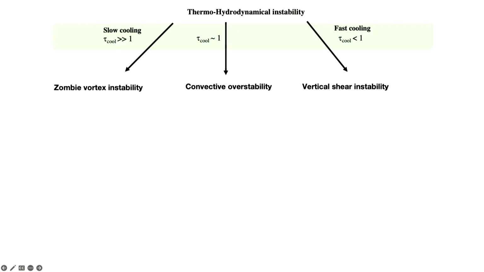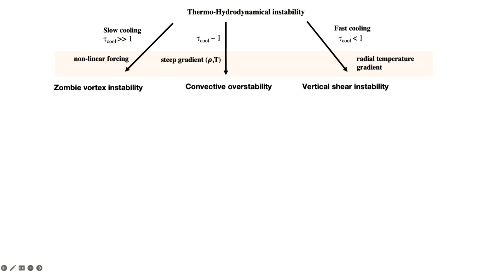Okay. The thermohydrodynamic instabilities can be divided into these different cooling regimes, where you have very slow cooling, very fast cooling, whereas this is only the primary requirements. The secondary are also listed here, whereas one can already see that it's the vertical shear instability which has a requirement which is almost met, right?